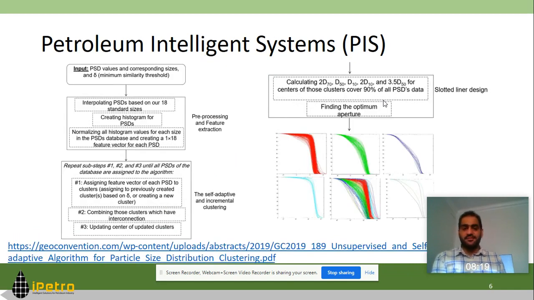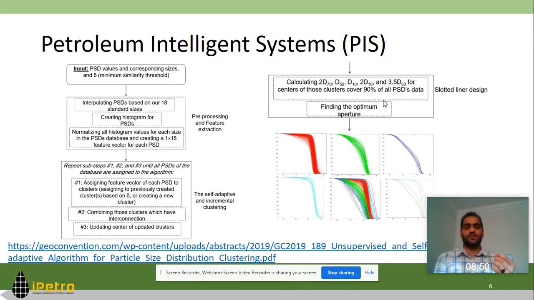Another work that I want to share with you as an example of a petroleum intelligence system is PSD class, intelligent PSD clustering. PSD is particle size distribution of oil sand reservoirs here in Alberta. We have oil sand, and some sand control design should be developed for the wells that produce oil here in Alberta.